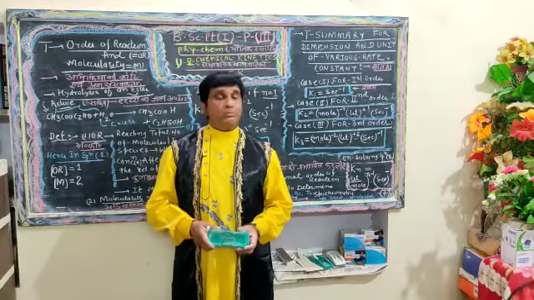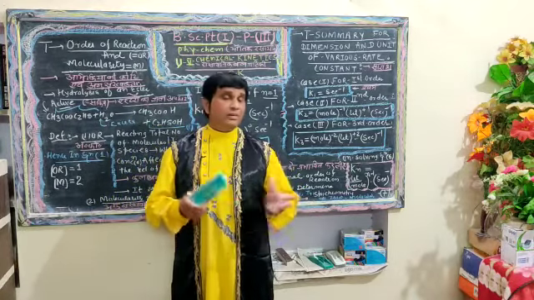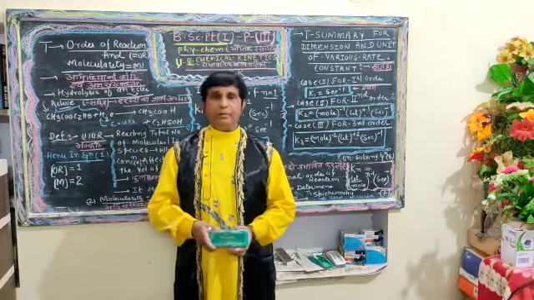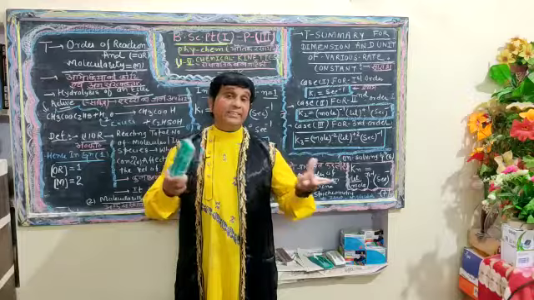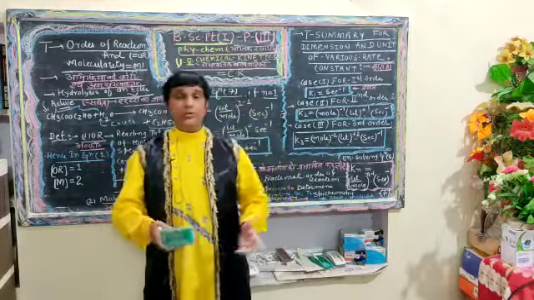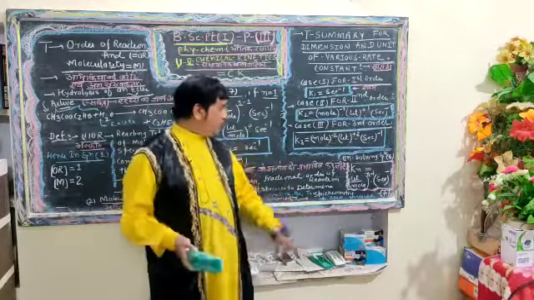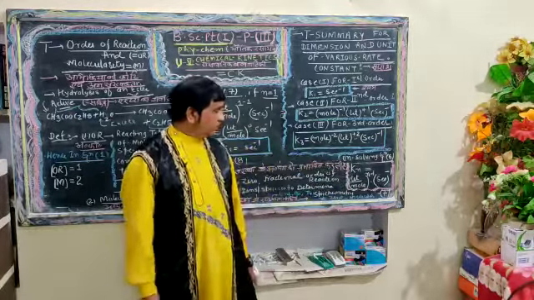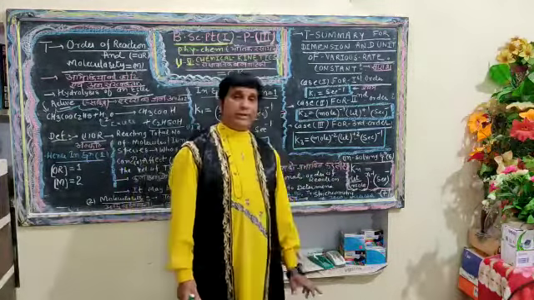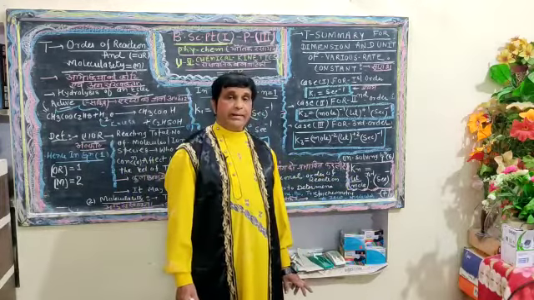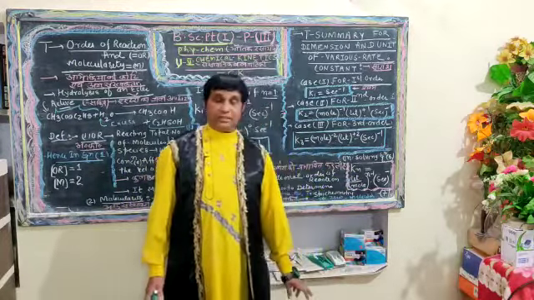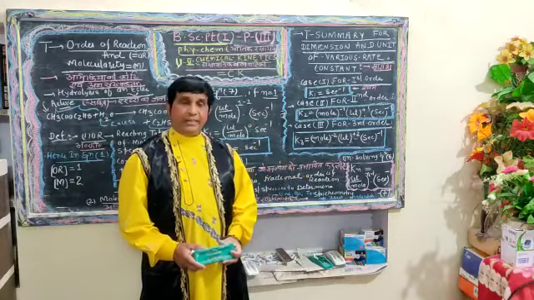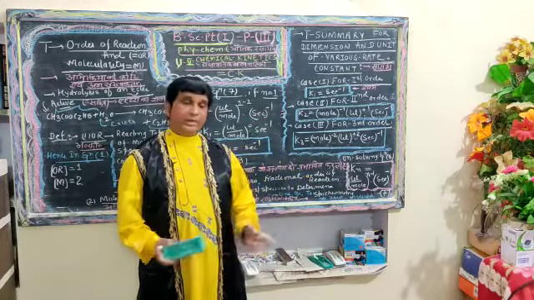To solve this problem, students of BSc part 1, in our previous video, by considering the order of reaction as n, the number of molecules, we derived Kn equals liter upon mole to the power n minus 1, second minus 1, that is equation number 7.